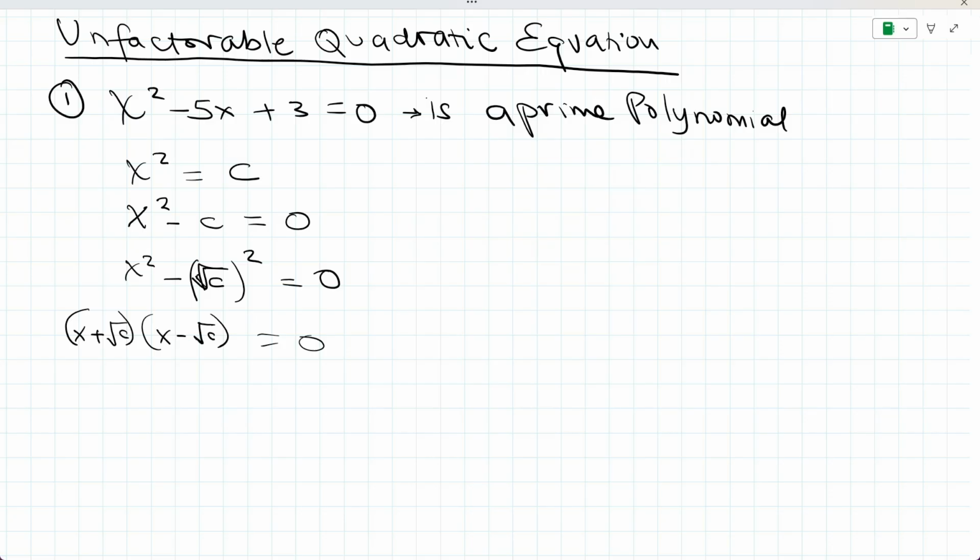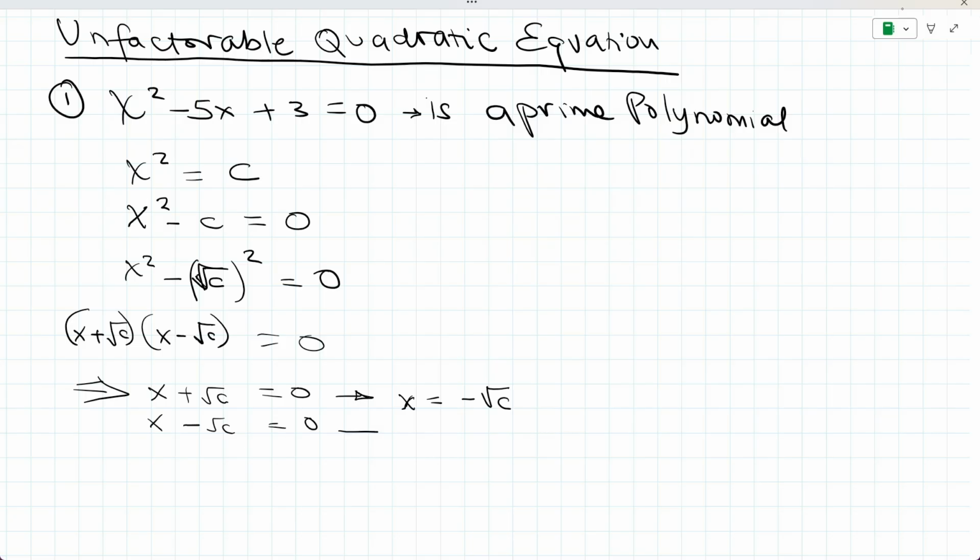So it follows that the solution for x will be by equating x plus root c is equal to 0 and x minus root c is equal to 0. If we look at the first expression, we know that x will equal minus root c.